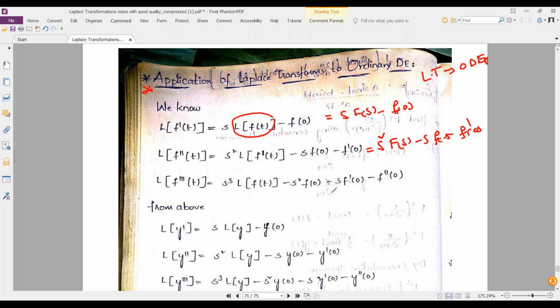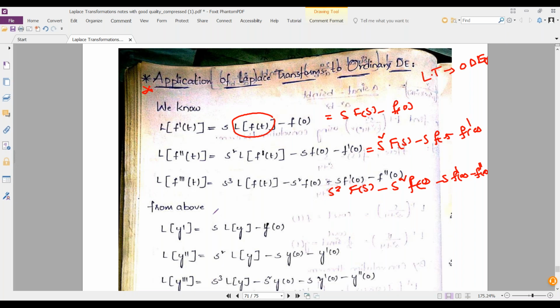L of f triple dash can be written as s cube F of s minus s square small f of 0 minus s f dash 0 minus f double dash 0. That is how it goes up to the third derivative. Of course, it can go with the nth derivative also, no problem.